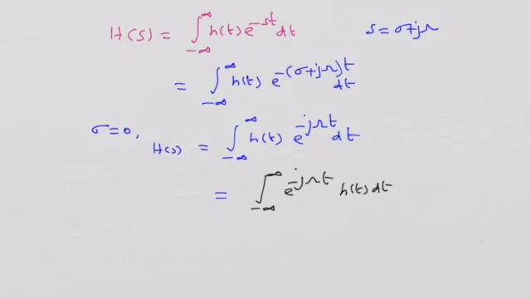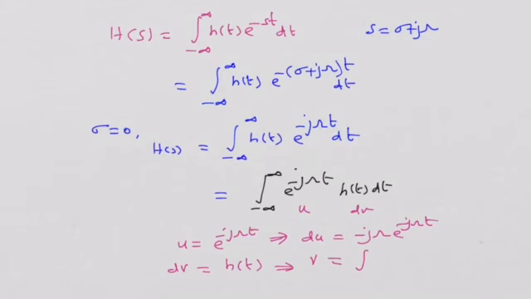Let me call this e power minus j omega t as u, and h of t is considered to be dv. If u is equal to e power minus j omega t, then du will become minus j omega into e power minus j omega t. Similarly, dv is h of t, so v will become simply integral h of t dt.